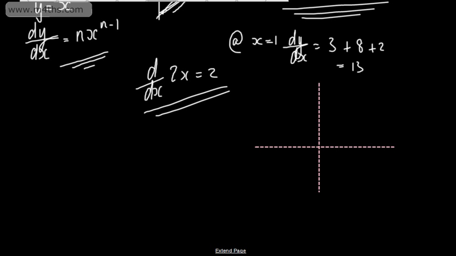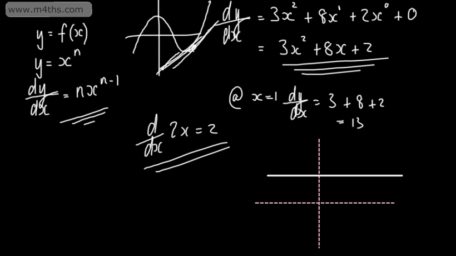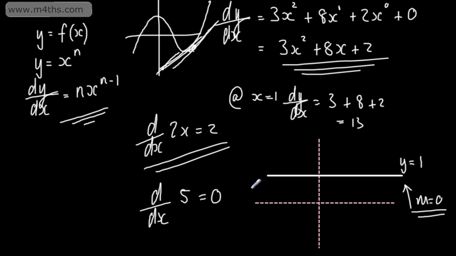If I had the line y is equal to 1, the gradient of this line, m, is going to be equal to 0, and that will be constant. So when we've got the derivative with respect to x of a constant, let's say 5, this is going to be 0, because the gradient of the line y is equal to 5 is 0.